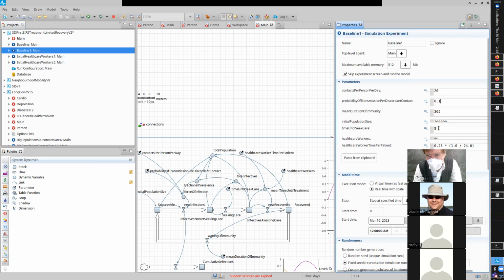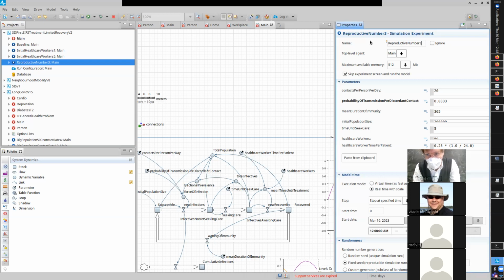So 20 times 5 is 100 times 0.1 would be a basic reproductive number of roughly somewhere over 10 because of the additional time that is required. I'm going to change this down. Instead of being 0.1, I'm going to make it 0.0133, and I'm going to call this reproductive number roughly 3.